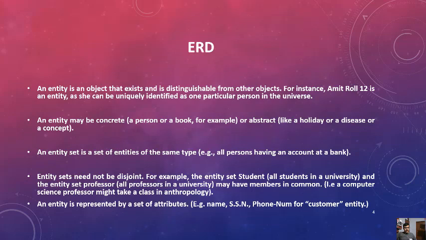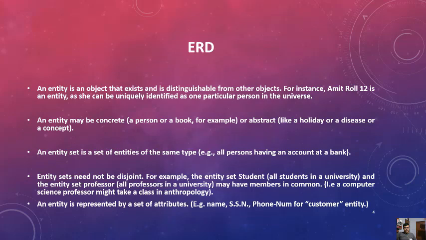For a person, you can store the height, the complexion, the address, etc. For a book, the number of the book, the name of the book, the author of the book, etc. You can store this type of information for the book entity.